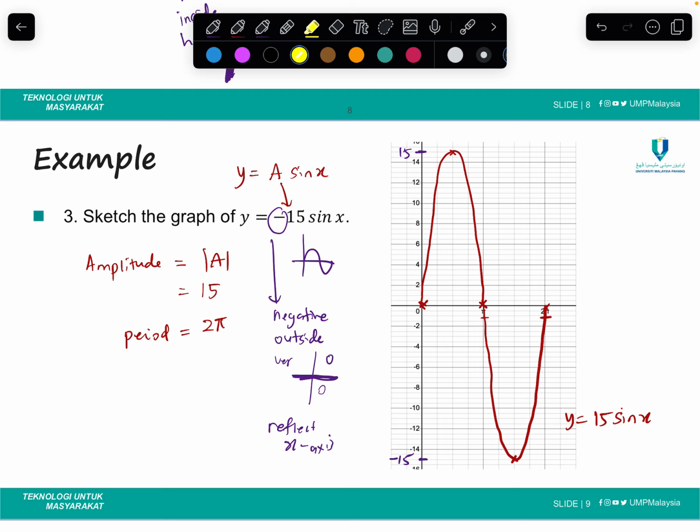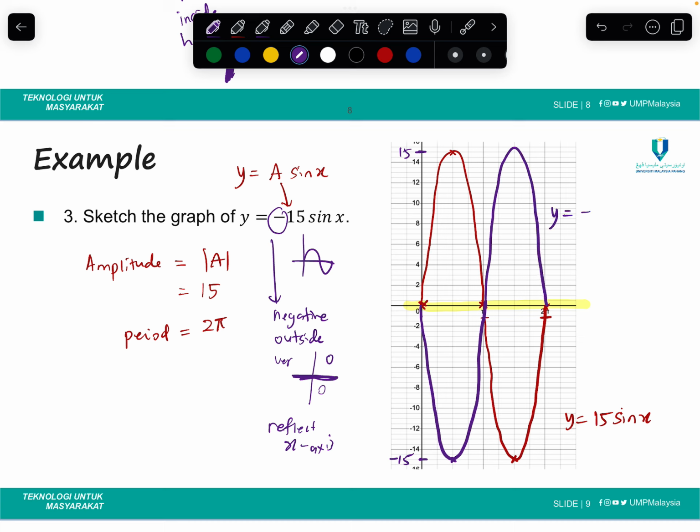So imagine if you have a mirror at the x-axis, what happens to the curve? It will be reflected. Okay, so the reflection of the curve can be drawn like this for the first segment and the second segment. So the curve here is negative 15 sine x, which is the final answer.